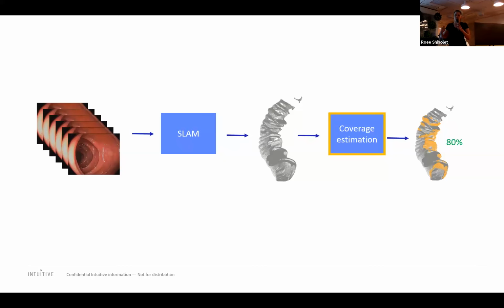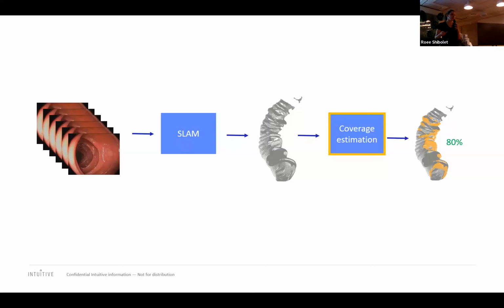The question now is, how do we get from this output of SLAM to an estimation of where the holes are and what their surface is, in order to estimate the coverage? That's what I'm going to talk about now. How do we go from the outputs of SLAM to an estimation of the coverage?